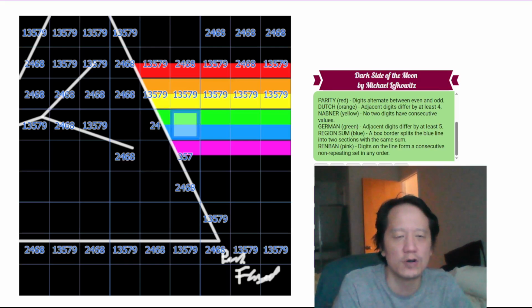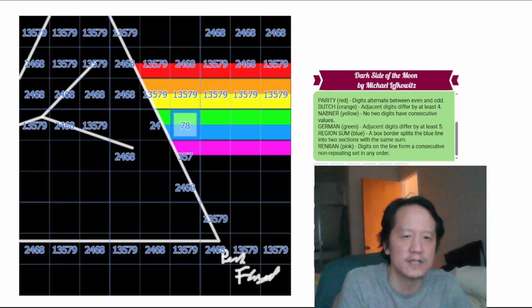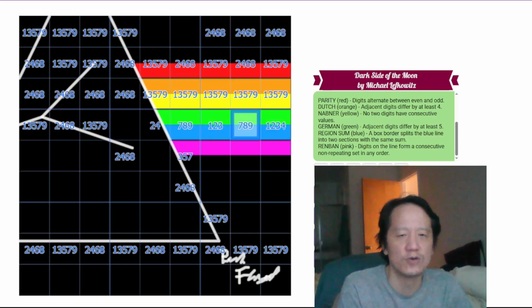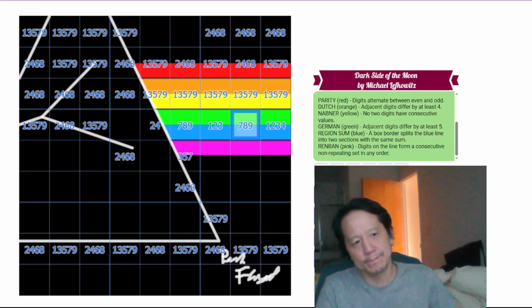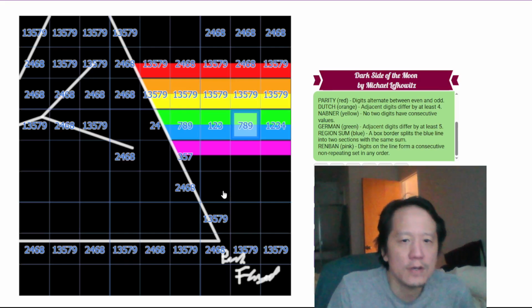So it's 2 or 4, which means this is a high digit, and it's next to 2 unique digits on a German whisper line. So this is 7, 8, 9, 1, 2, 3, because this is next to 2 unique digits on a German whisper line. This is 7, 8, 9, because again, it's next to 2 unique digits on a German whisper line, so this is 1 through 4. Can this ever be 2 and 7?